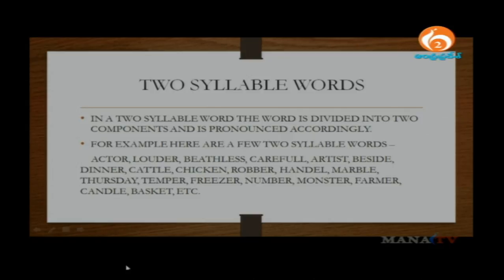For example, how do you pronounce these two-syllable words? For example, we have something called breathless. You should not say it as one block, it's not a word like that. So you just have to make sure you are dividing the word into two sounds and then pronouncing it. Breath-less, breathless. And we have louder.